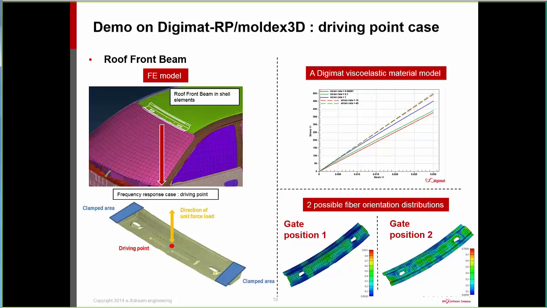The curves are the axial response of the material under various strain rates. So it's a viscoelastic material model, and we will show the effect of the fiber orientation also, because I will show you the results that we can obtain when using two different fiber orientation fields, which correspond to two different gate positions for the injection process.